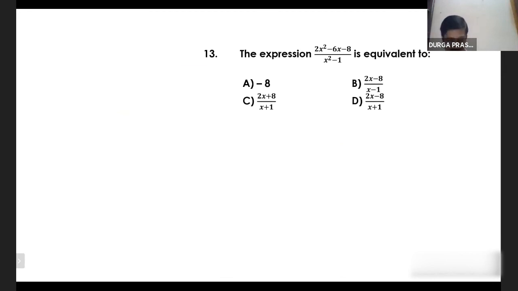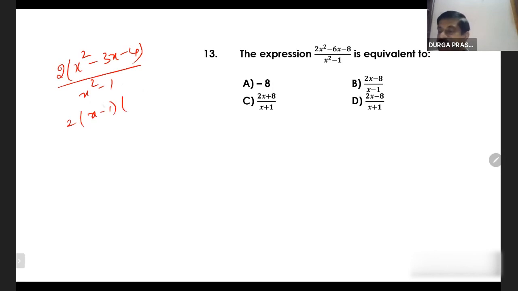Yeah, look at this. So you have 2x square minus 6x minus 8y by x minus x square minus 1. So look at this. If you take 2 common in numerator, x square minus 3x minus 4 by x square minus 1. So this is 2 into factors, x minus 1, x plus 1 into x minus 4 by x minus 1 into x plus 1.